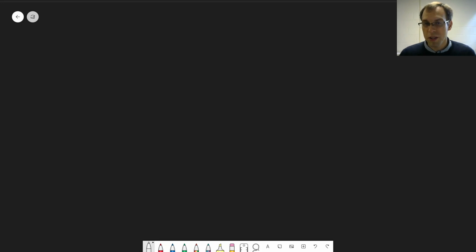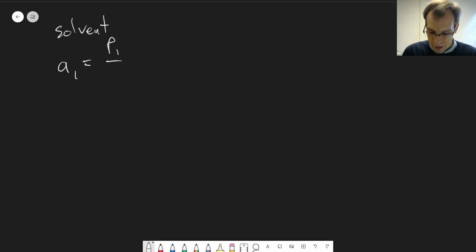So if we want to use activity coefficients and activities to account for non-ideal behavior, we need to be able to measure them. For the solvent, that's pretty straightforward, because the solvent activity is defined as the ratio of the vapor pressure of the solution divided by the vapor pressure of the pure substance. This is something you can just measure, right?